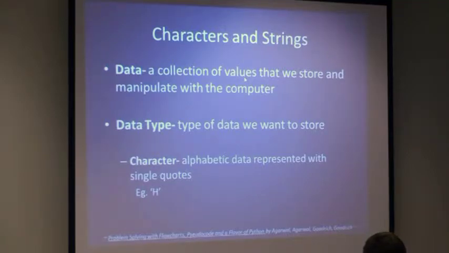Numbers themselves can be of 2 types, integers or real numbers, floating point numbers. So data type is the type of data you want to store. And again, string variables contain string data type and so on. This will become more precise, and I've already given you a couple of programs to work with. Hopefully that has become clearer.